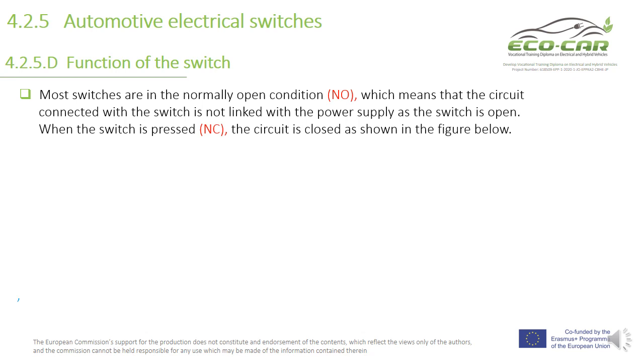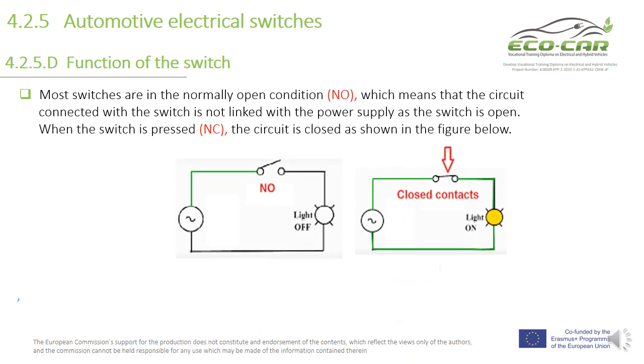When the switch is pressed, meaning normally closed, NC, the circuit is closed as shown in the figure. We have here two circuits. In the first circuit, the switch is in normal condition. In the second circuit, the switch is in closed condition.